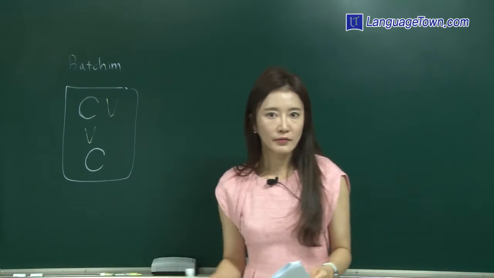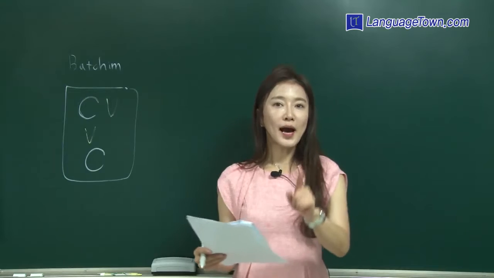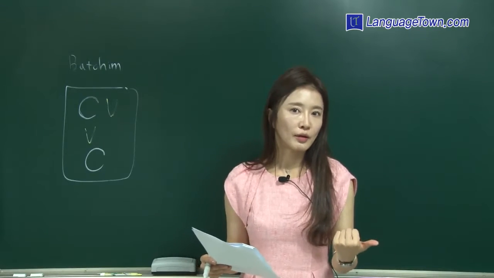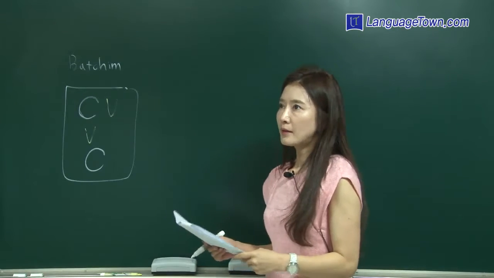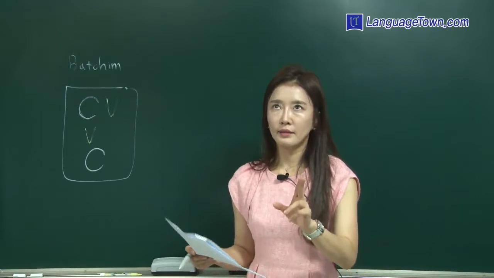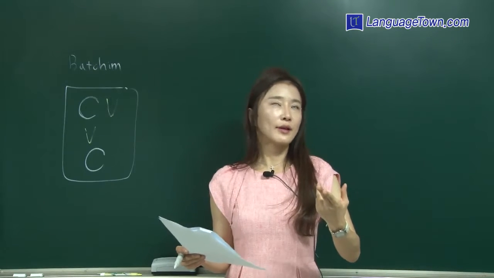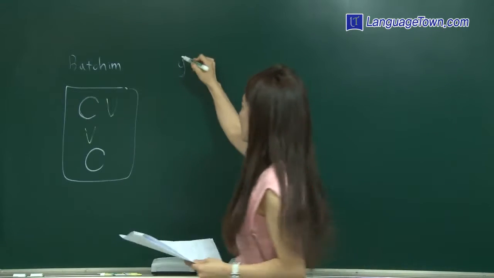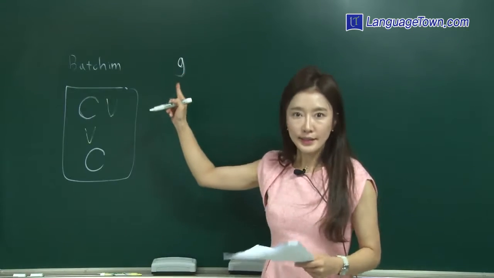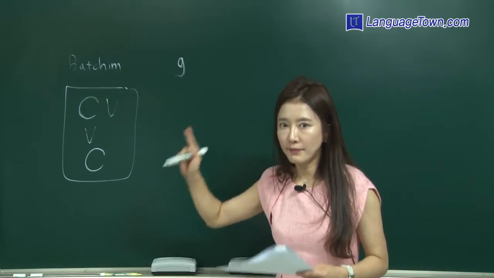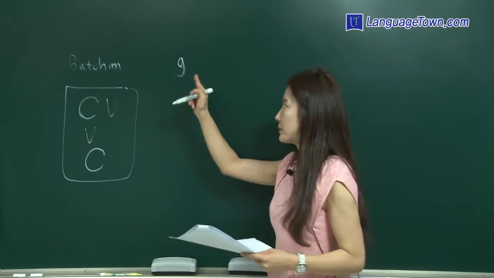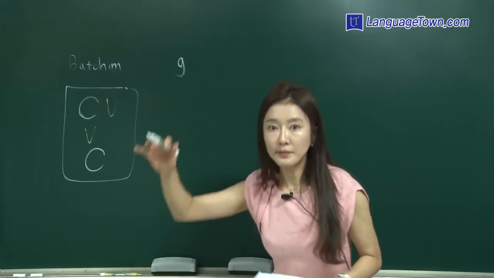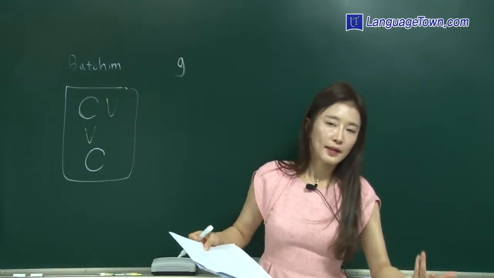I don't think it's really hard because you have the same rule in English too. For example, let me give a letter like G. This alphabet sounds different whether it is placed in the first place or the last place.